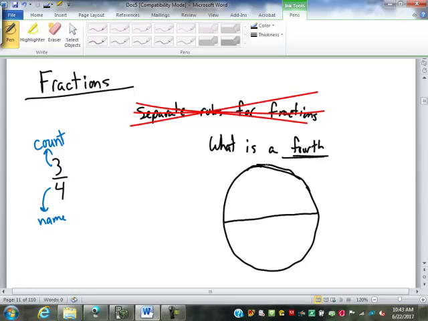And a fourth means that that pizza is divided into 4 equal pieces. Pretend those look equal. The other way to look at it is it takes 4 pieces to make one whole object. The 3 means that we have 3 of those pieces.